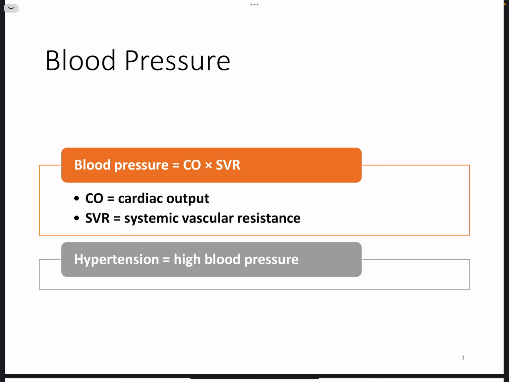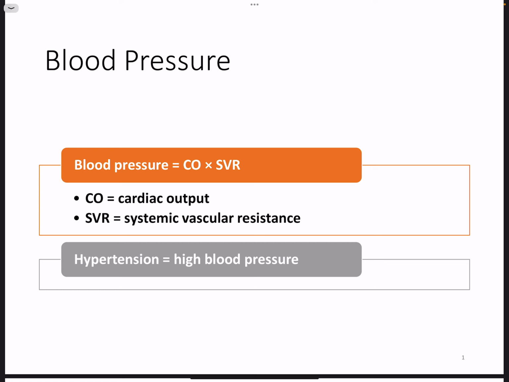Isolated systolic blood pressure. Although the diastolic value is normal because it is 80 or maybe 85, still it is normal.